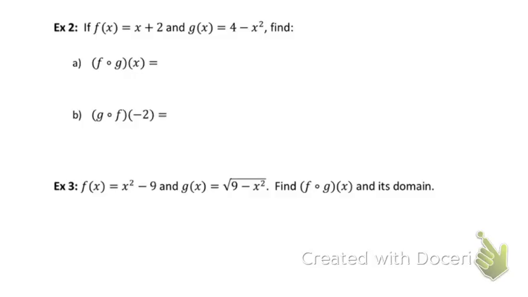All right, so if we have f of x equals x plus 2, and we have g of x equals 4 minus x squared, if I'm doing f of g of x, remember, I can write that as just f of g of x. If I expand that, I'm actually saying take f of, and g of x is actually 4 minus x squared.